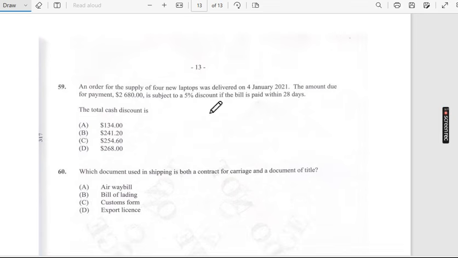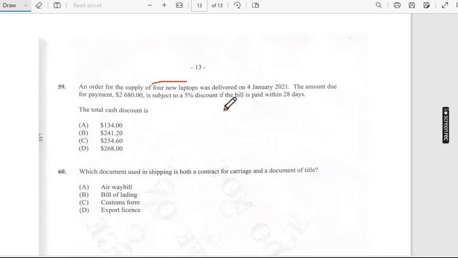So if we have 2,680, and we have supply of 4 new laptops, so 2,680 times 4, that would give us 10,000.